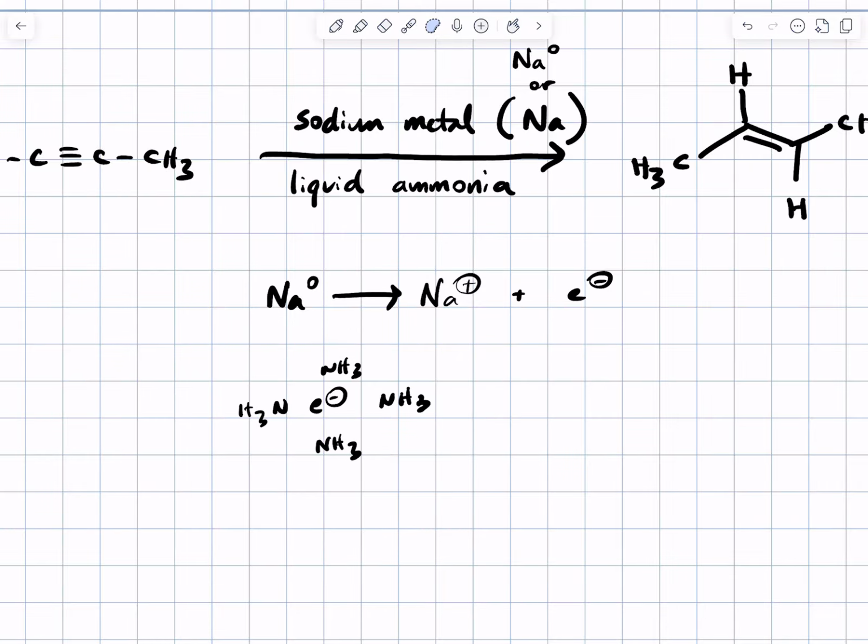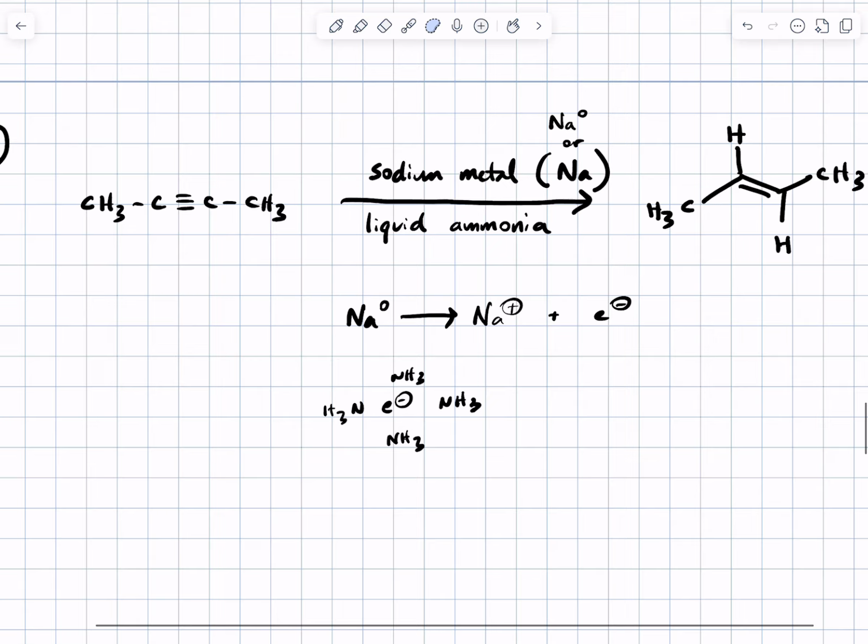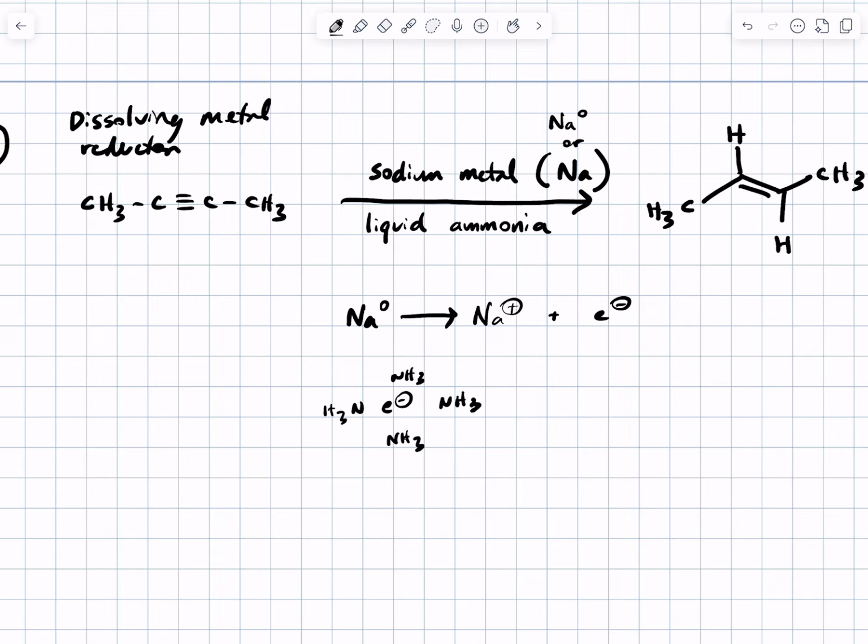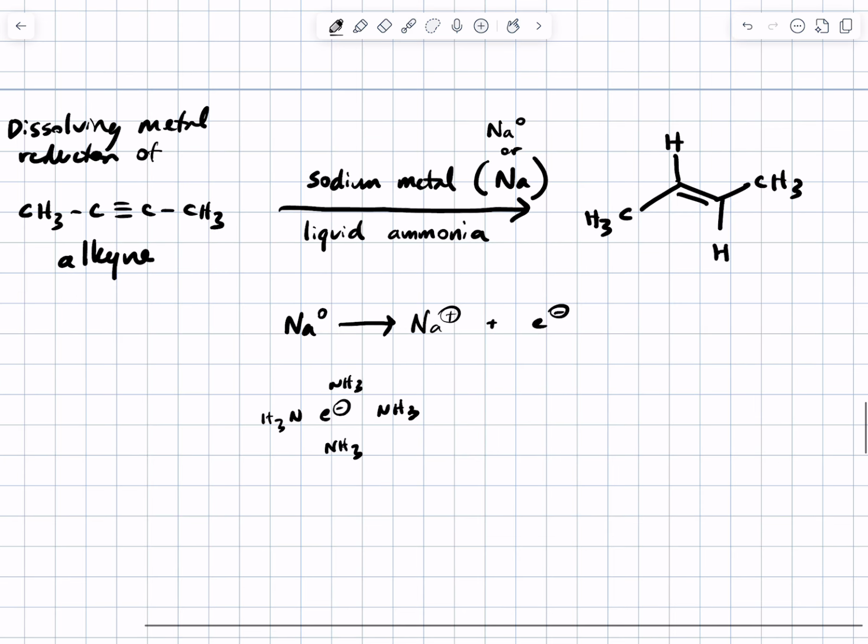Basically, a cluster of like 8 to 10 ammonia molecules hydrogen bond with and share the electron. That arrangement of atoms has a characteristic deep blue color. And you can go Google it on YouTube. The reaction is basically called the dissolving metal reduction of an alkyne. And it always gives you the trans alkene.